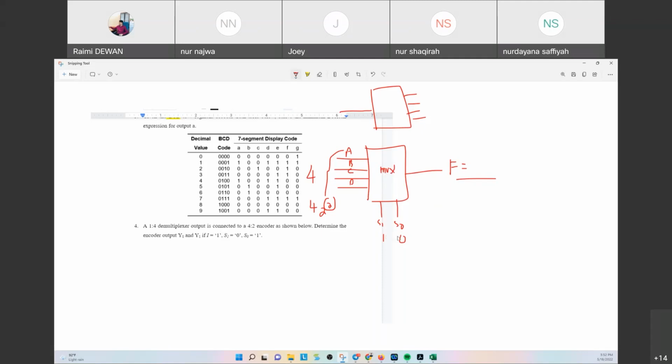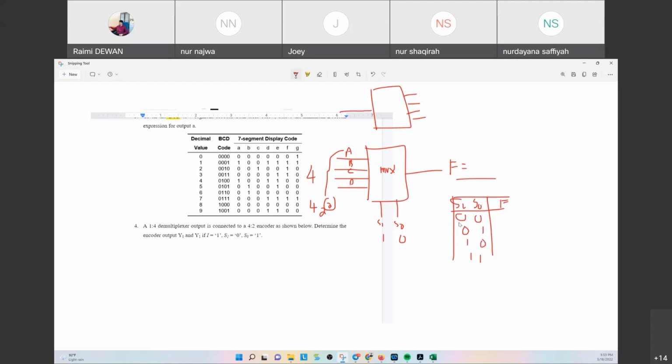If we have a truth table, sometimes they call it a function table. Yes, it's a function table, not a truth table. So you have S1, then S0, then the function as the output. You have 4 combinations of selector.